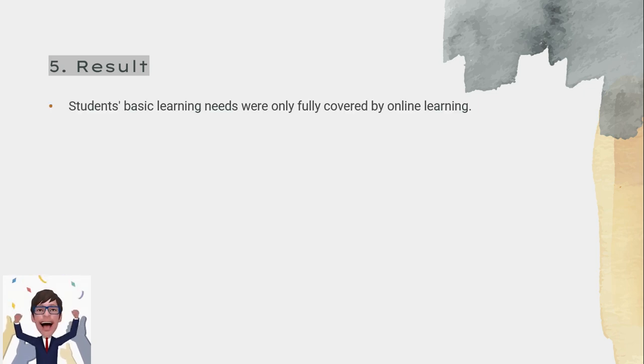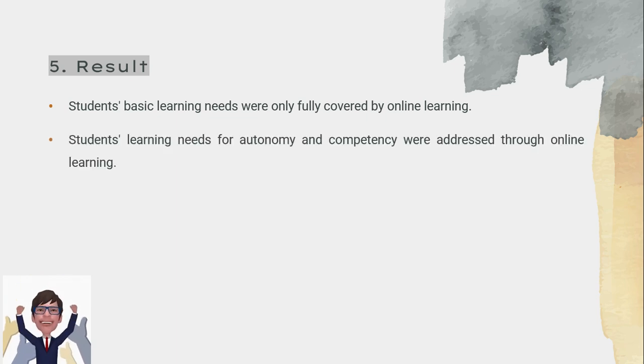Based on the present study's qualitative and quantitative results, it was found that students' basic learning needs were only fully covered by online learning. And then student learning needs for autonomy and competency were addressed through online learning.